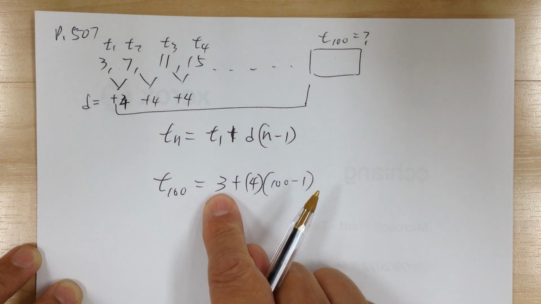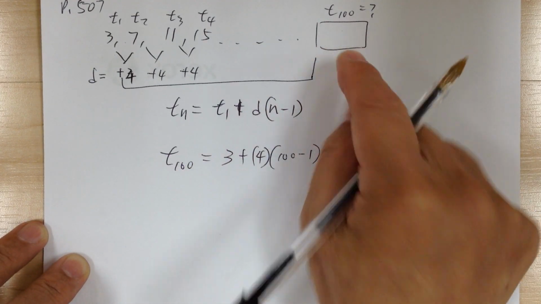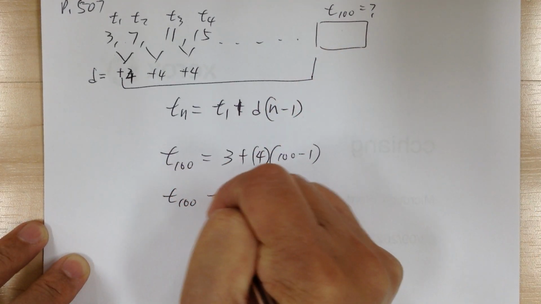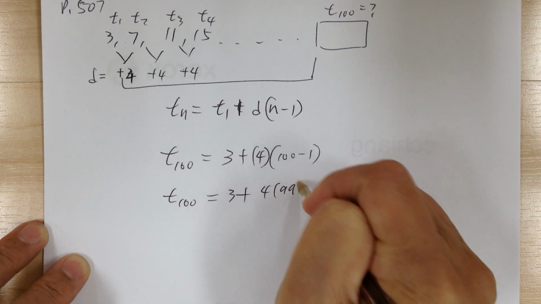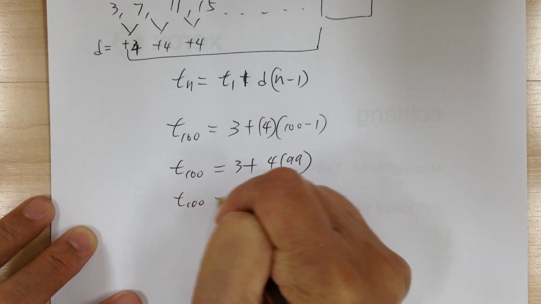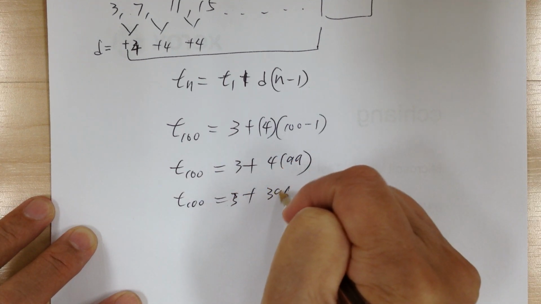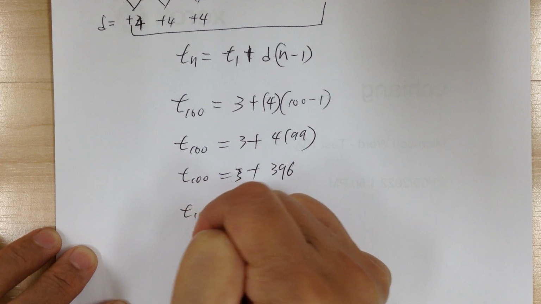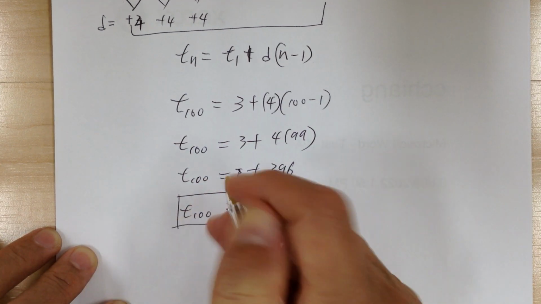This is where you start, and this is how much you increase. So T of 100 equals 3 plus 4 times 99, which is 3 plus 396, so T of 100 equals 399. That's how you do this.